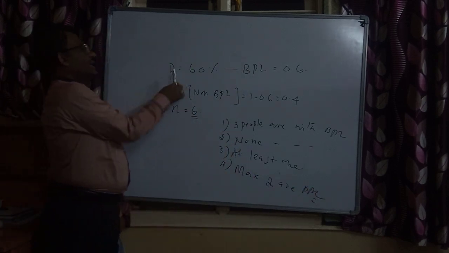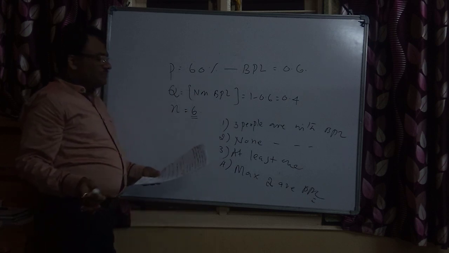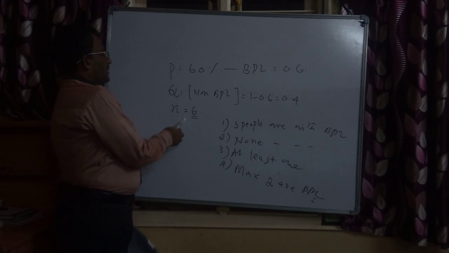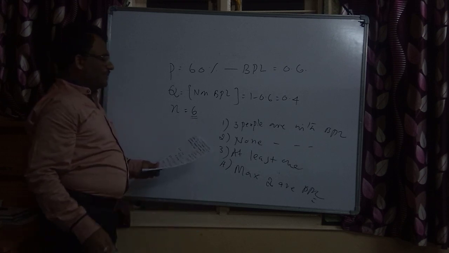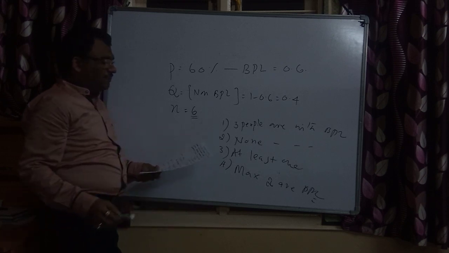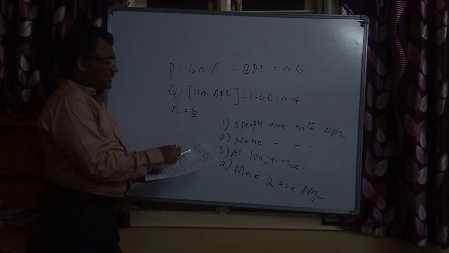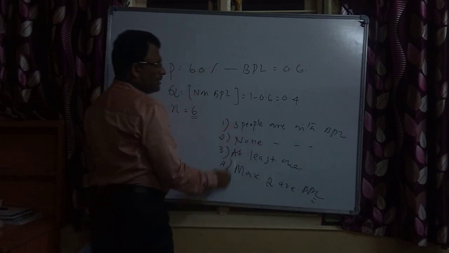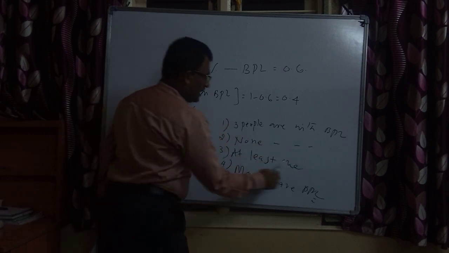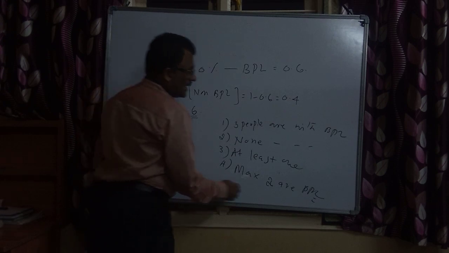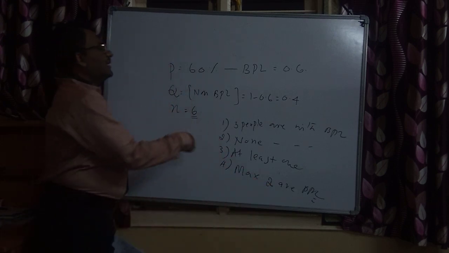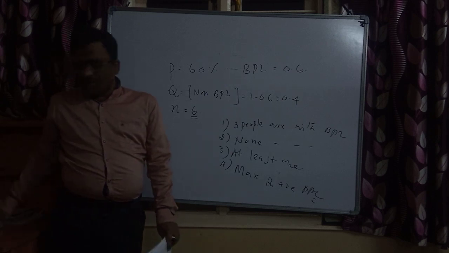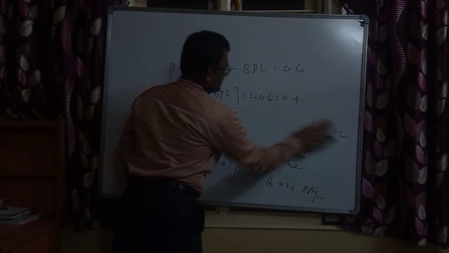The given case is that in a city 60% of the people are BPL card holders, and in a random sample of 6 people, find the probability that 3 are with BPL, none of them are BPL, at least one of them is a BPL card holder, and maximum 2 are BPL card holders. And we need to estimate the probabilities of the socio-economic status of my sample out of 6.